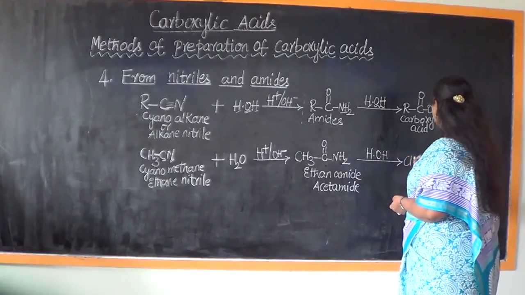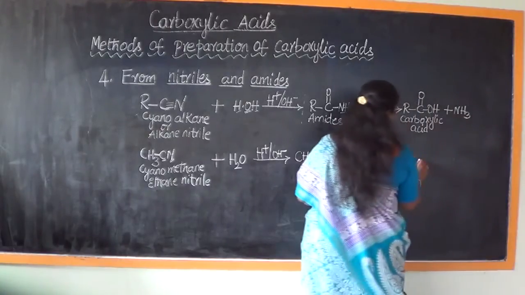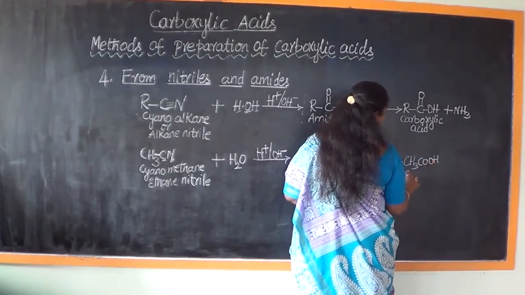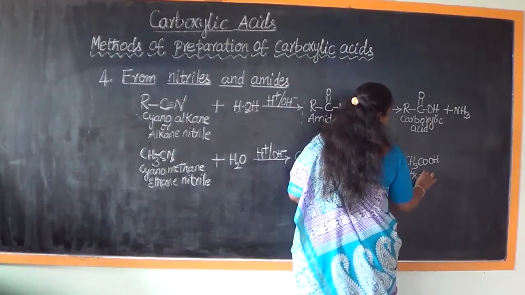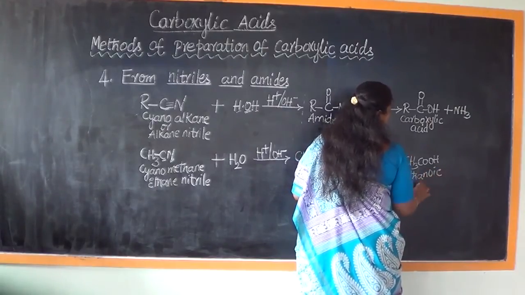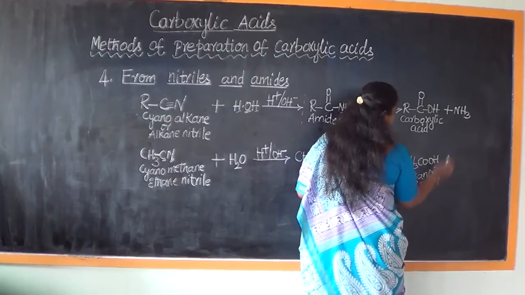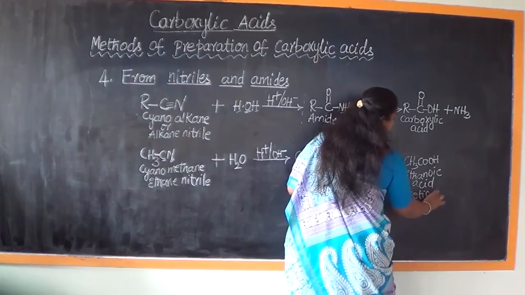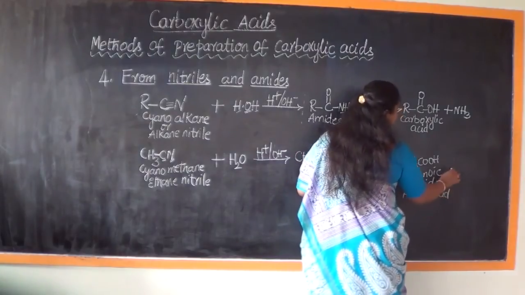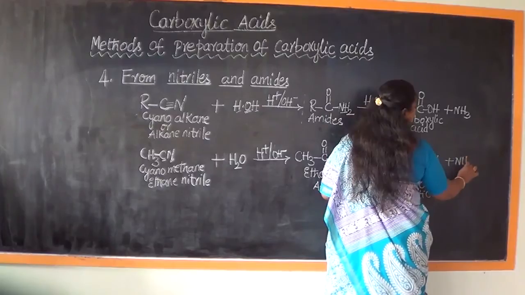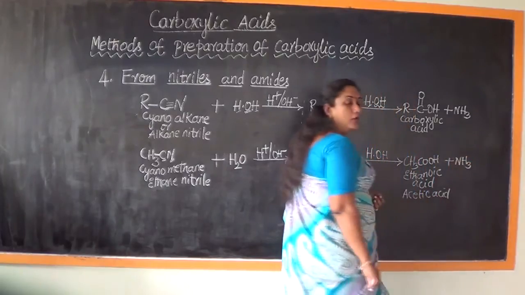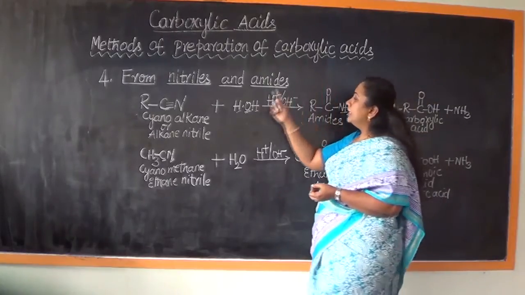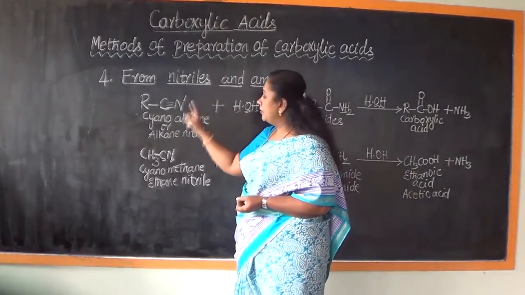So we obtain CH3COOH, that is ethanoic acid. What is the name of this carboxylic acid? Ethanoic acid. What is its trivial nomenclature? It is called acetic acid. And what else do we get? We obtain ammonia. So if we were to get carboxylic acid starting from nitriles, it involves two steps.